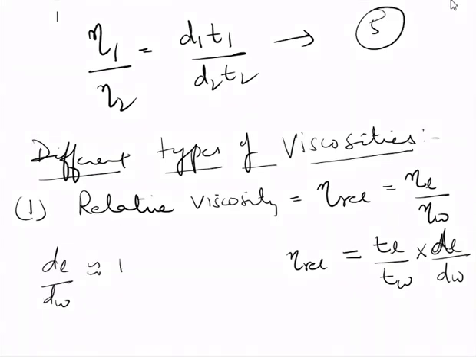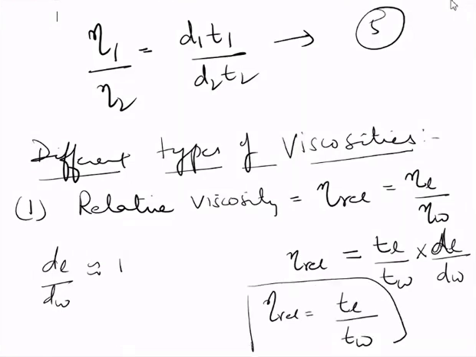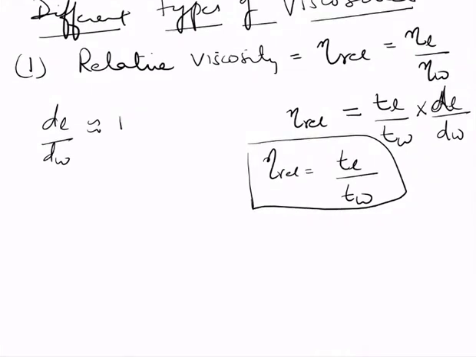So then your eta relative will become as time of flow of the liquid upon time of flow of the water class. So simplify with this equation. Densities are comparable, or for the liquids which have the densities closer to the water class. Okay. So this is the relationship. Now we know that eta relative is the ratio of the time of flow of the liquid to time of flow of the water class.